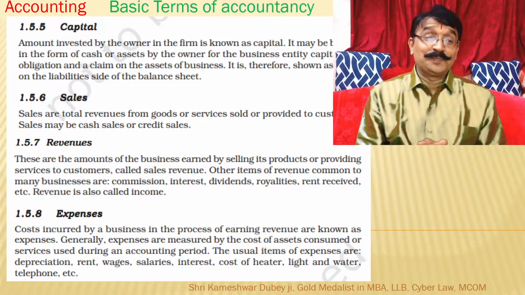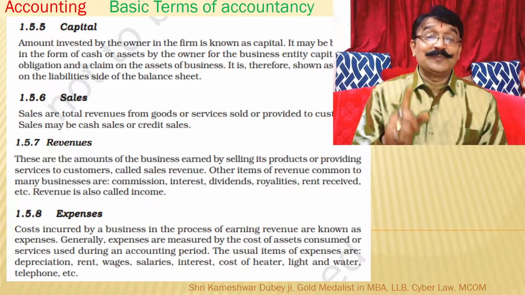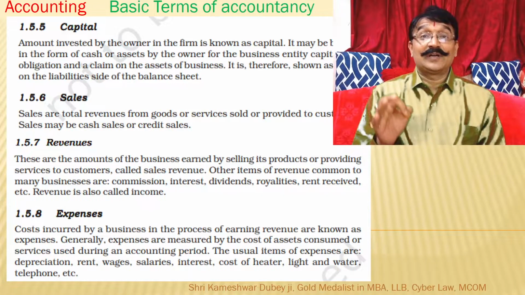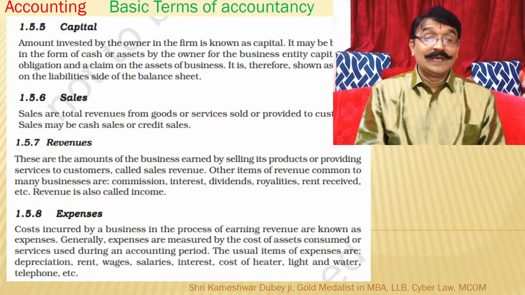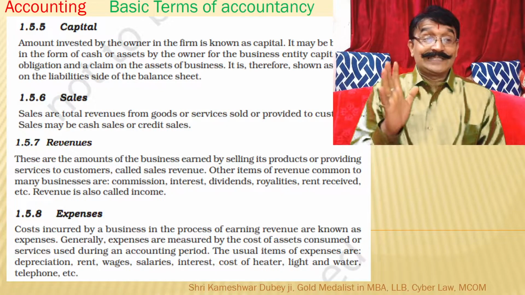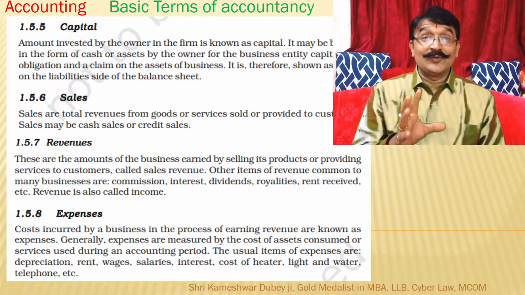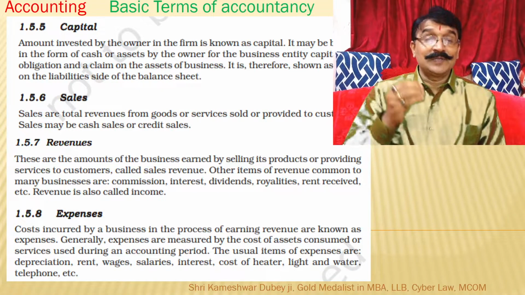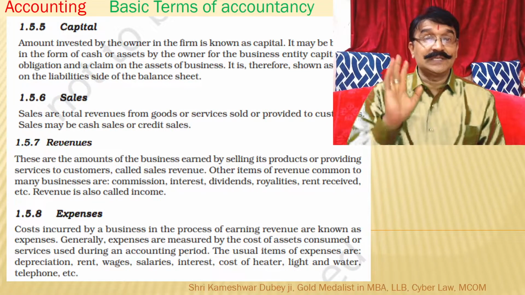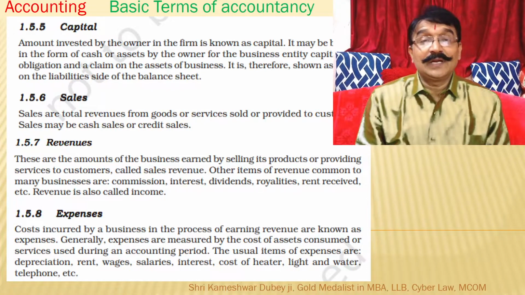Then revenue. This is the amount a business earns by selling products or providing services to customers. These are called sales revenue. Revenue means your earning, your income, the income of the business entity. So how will it have income?